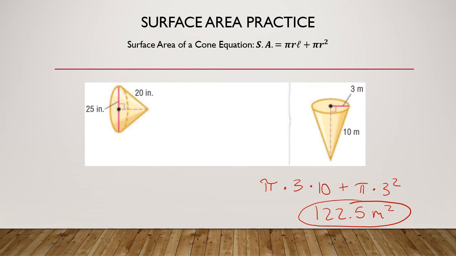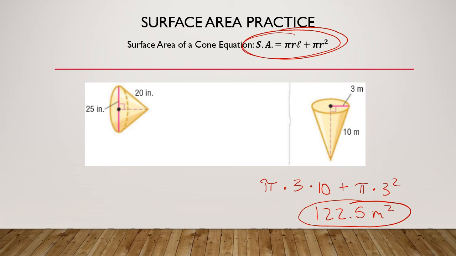Let's do some practice here. The first one has a slant height of 20 inches and a diameter, once again, of 25 inches. So remember, we need to use the radius when we go through the surface area for our equation. So our equation's right up here.